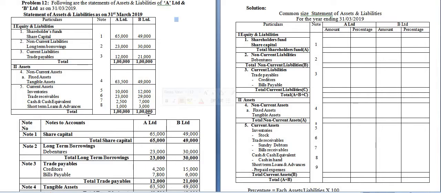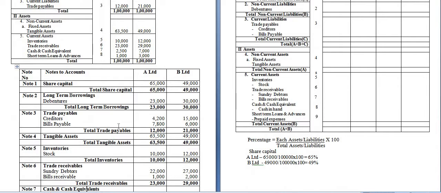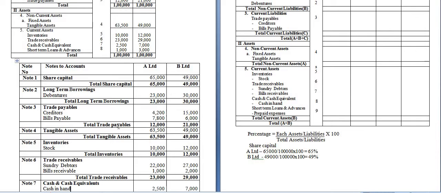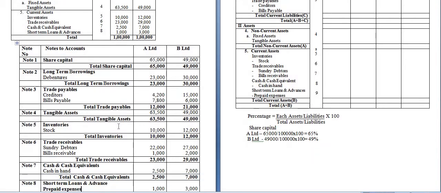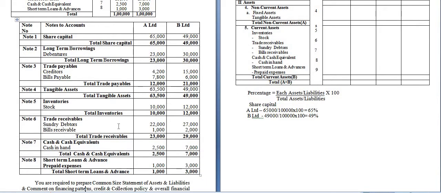items given in the balance sheet. Okay, note 1 is relating to the share capital, note 2 is long term borrowings, note 3 is trade payables, then note 4 is tangible asset, note 5 is inventories, note 6 is trade receivables, note 7 is cash and cash equivalents, note 8 is short term loans and advances.